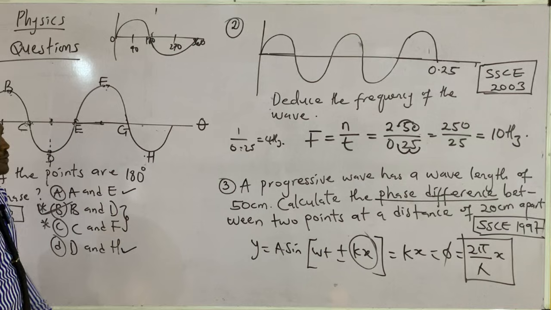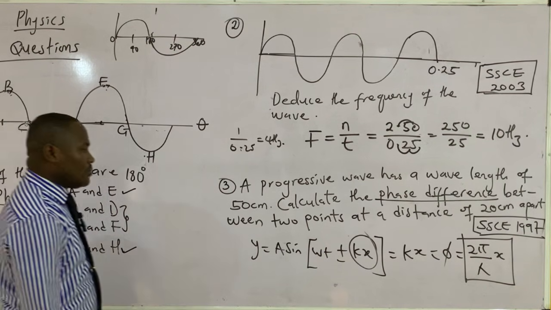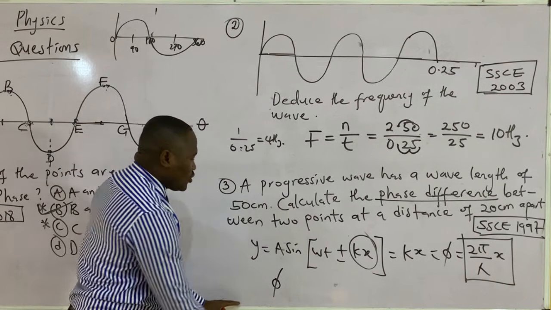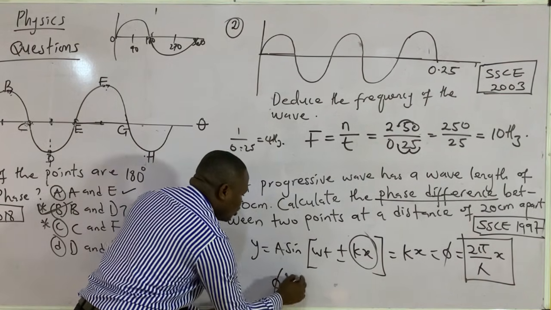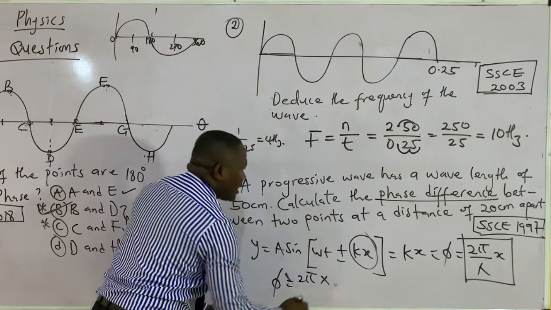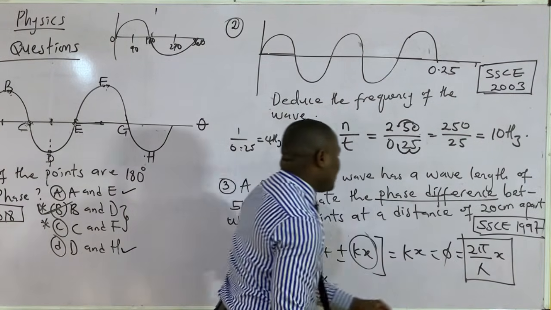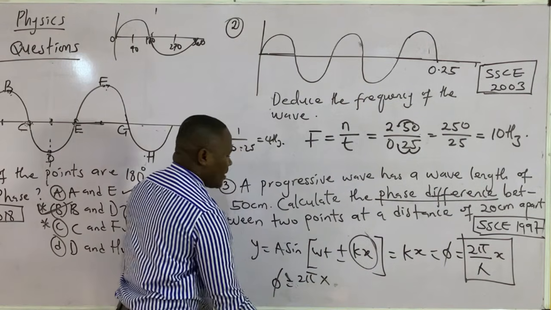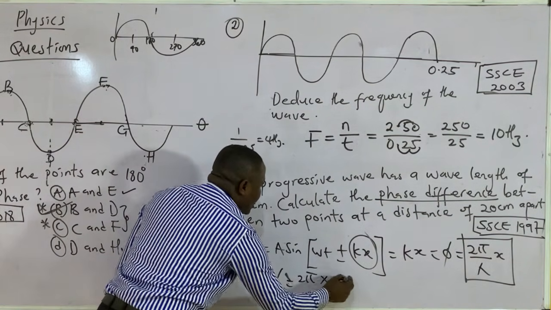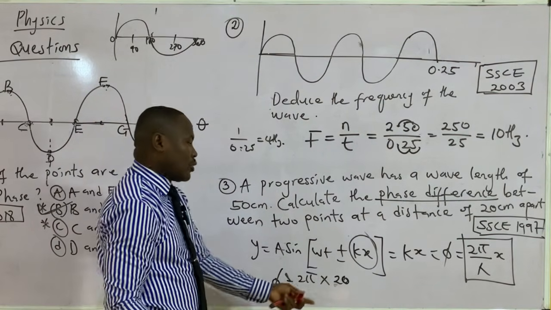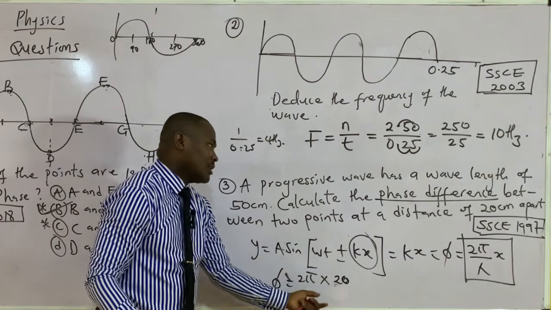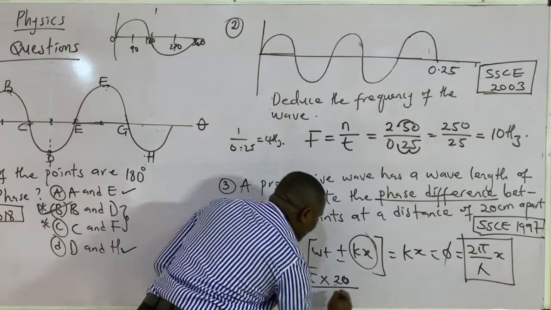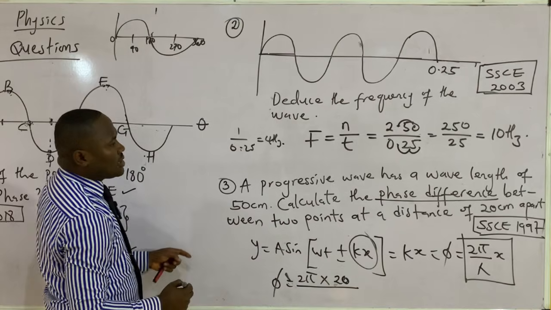So I will say phase difference, which is phi, is equal to 2 pi times our distance between them, which is 20 centimeters, over the wavelength.